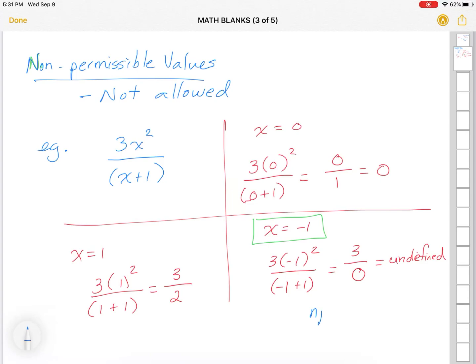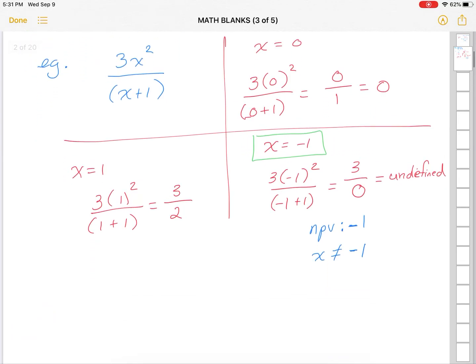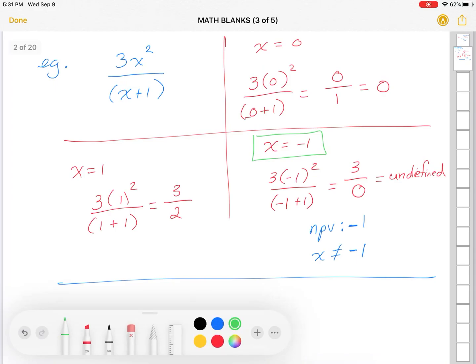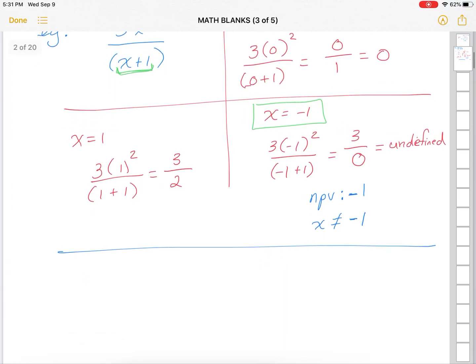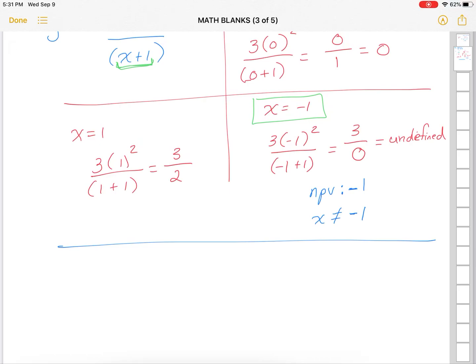So for my solution, my NPV equals negative 1, or I can write that as x is not equal to negative 1. Now, I do a little formula to figure that out. What I do is I take what is on the bottom and set up an equation using a not equal sign.